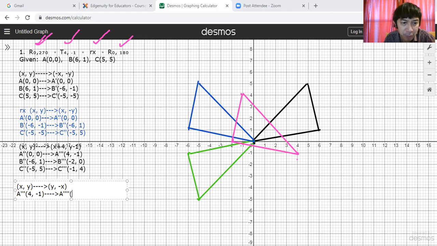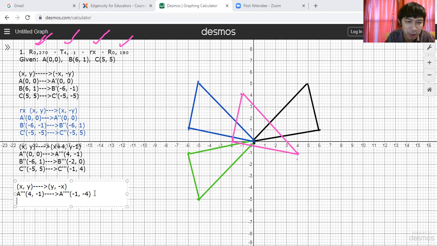From 4, negative 1, this will become negative 1, 4. We exchange, so this is negative 1 and 4. But remember, you can see here a negative x. That means after exchanging positions of the numbers, you have to reverse the sign. So this positive 4 will become negative 4 there. That goes to your A four primes.